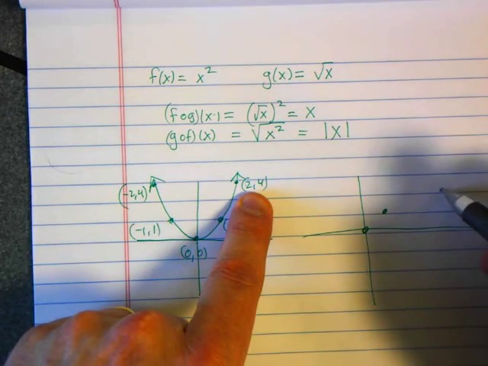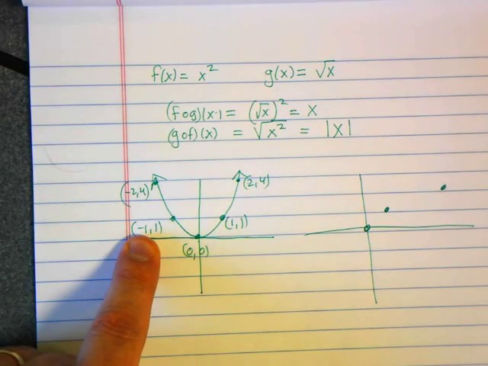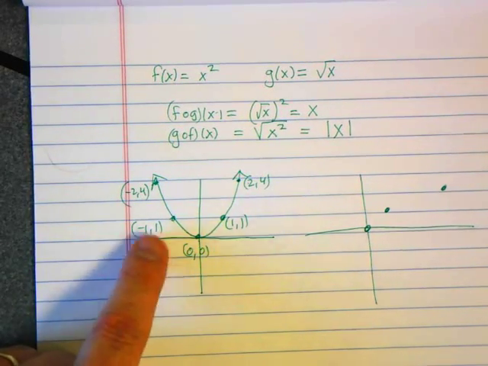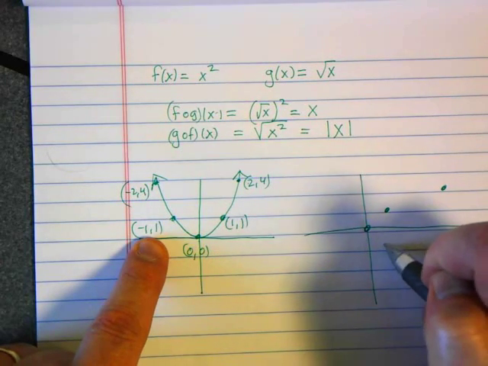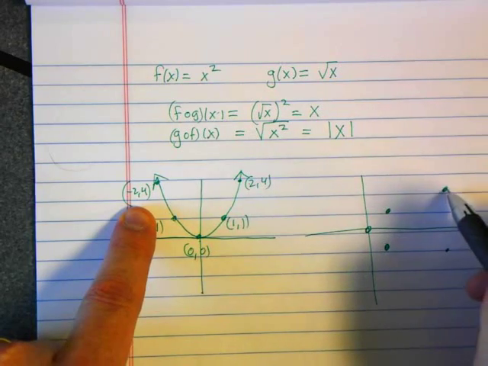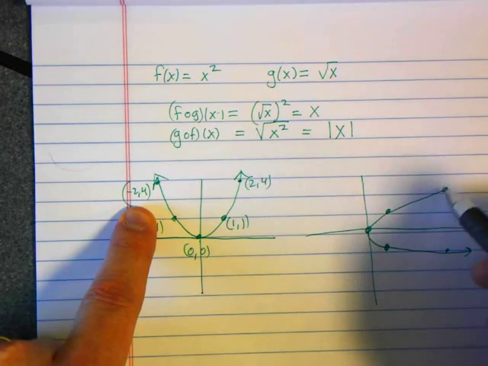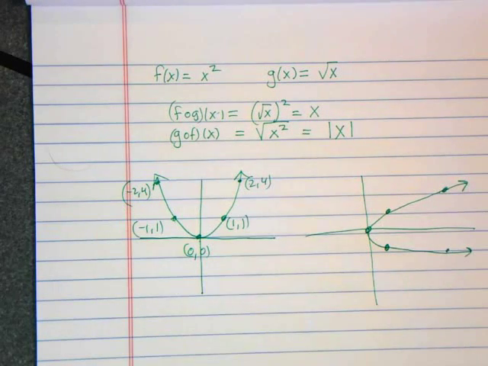Switch this one, it's going to be (1, -1), which is here. And this one's going to be (4, -2). So you end up with a sideways parabola. And that is not a function. How come that is not a function? It doesn't pass the vertical line test.